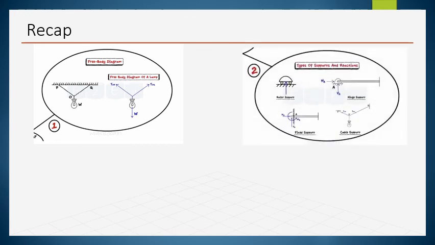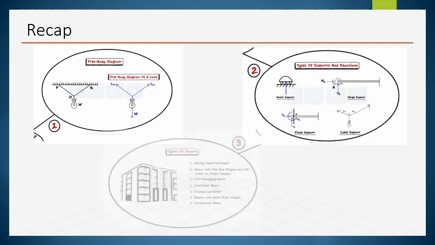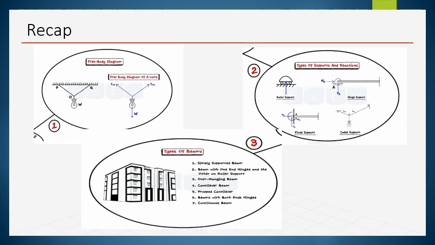Next, we saw different types of supports: roller support, fixed support, and hinged support. Yes, simple support too. We had seen the different types of beams: simply supported beam, beam with one end hinged and the other end roller supported, overhanging beam, cantilever beam, propped cantilever beam, continuous beam, and the fixed beam.